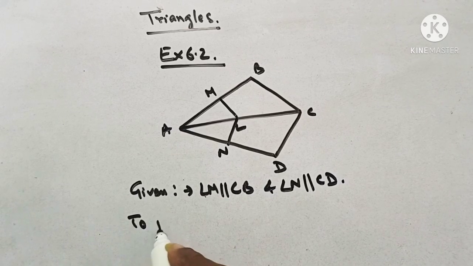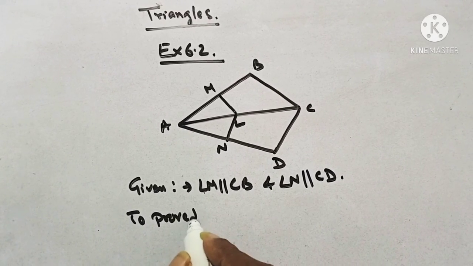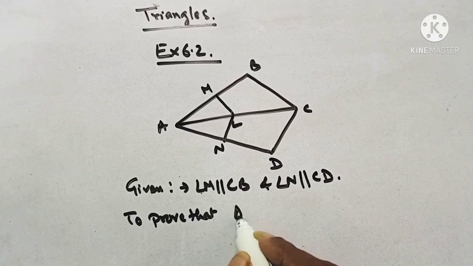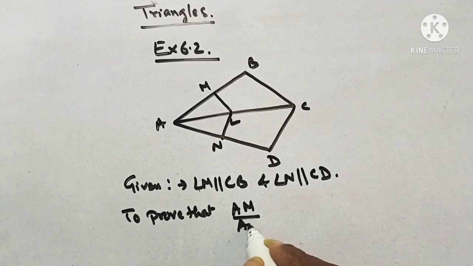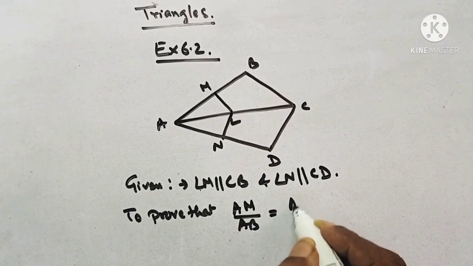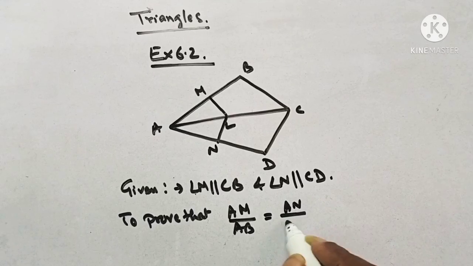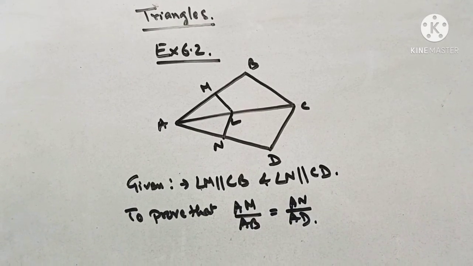To prove that, we have to prove that AM by AB is equal to AN by AD. We have to prove this.